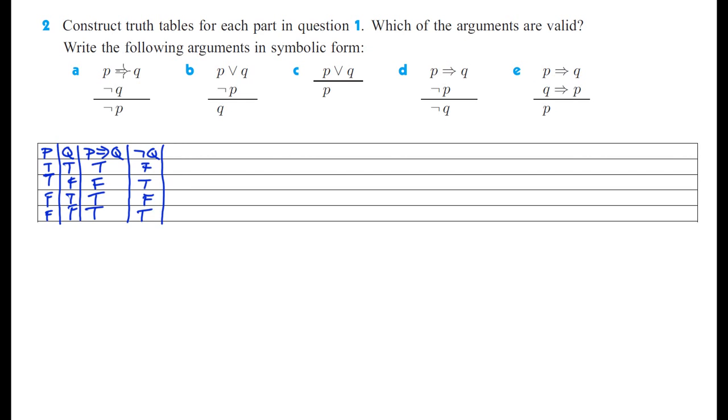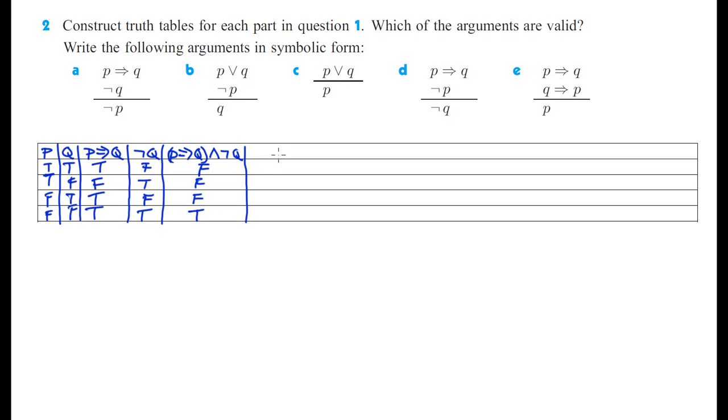And then we have to do P implies Q and not Q. So that's this whole top part here, and since it's the "and," they have to both be true. So this first one is false, false, true is false, true, false is false, and true, true is true.